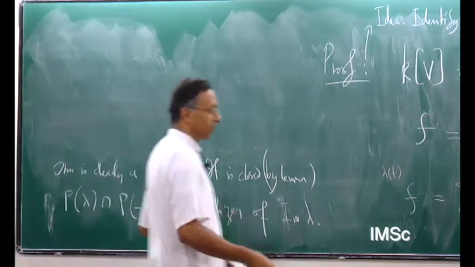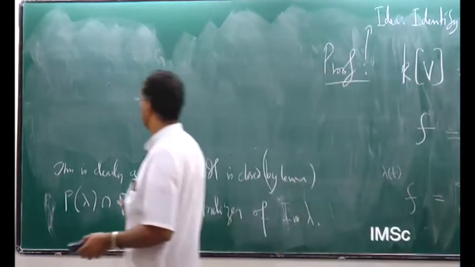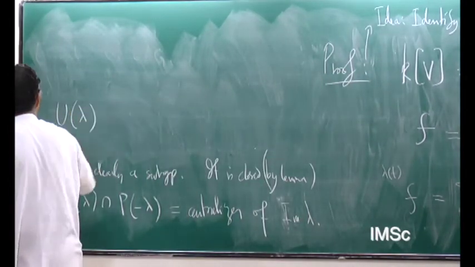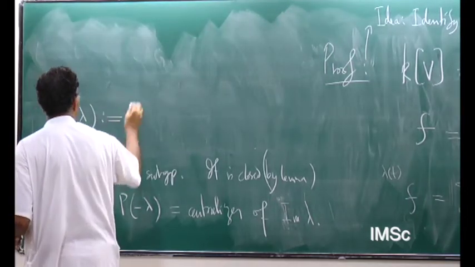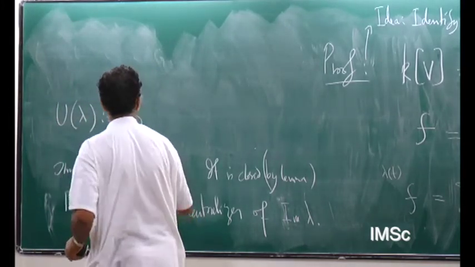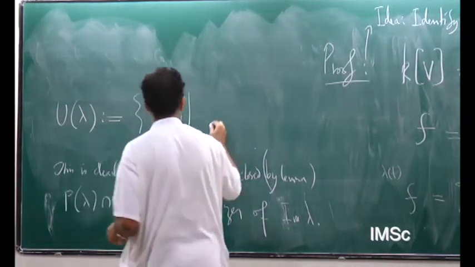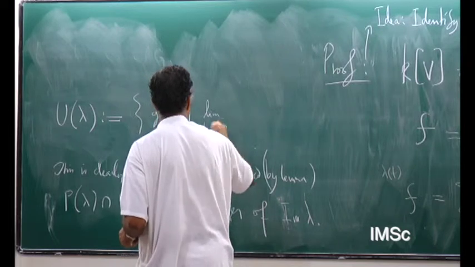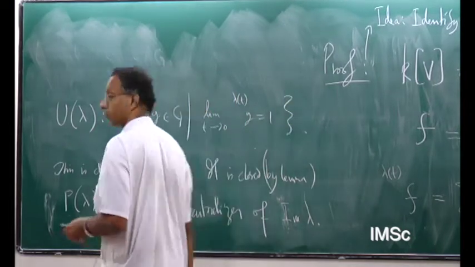He doesn't mention this, but it does come up. So let's call it U lambda, very suggestively. Continuing this, you should write U lambda is the set of g in G such that the limit as t goes to 0 of lambda t g is equal to 1.